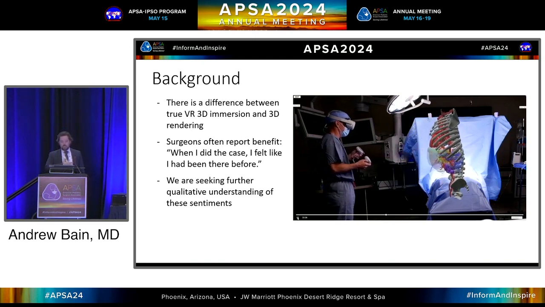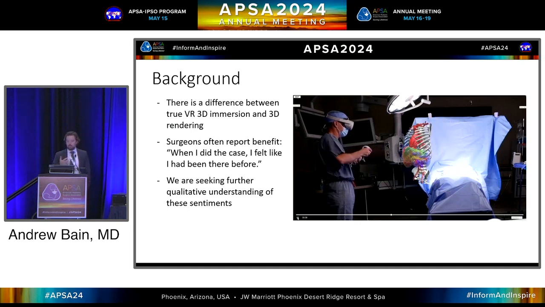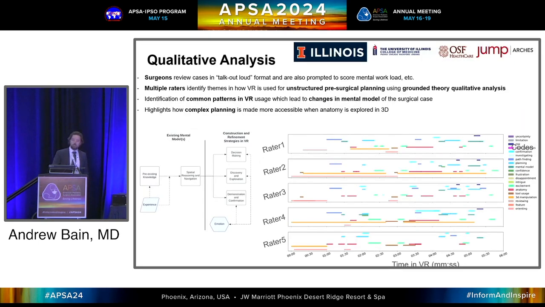So the next step is to seek some further qualitative understanding of these sentiments. So Dr. Robertson's group at Illinois has used some qualitative techniques during unstructured pre-surgical planning to try to identify some common patterns in virtual reality usage to really characterize the change in the mental model.